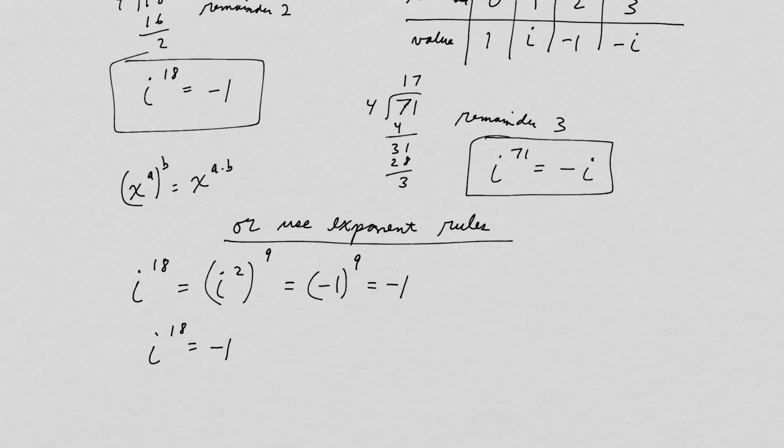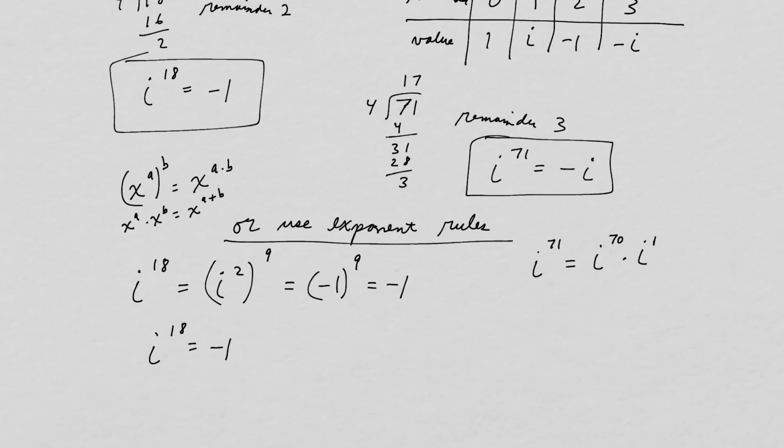I could also do the other one this way. Here's the trick to it. I would write i to the 71 using exponent rules first as i to the 70th times i to the 1. Remember, here's the other rule we need: if we have x to the a times x to the b, you keep the base x and you add the exponents.